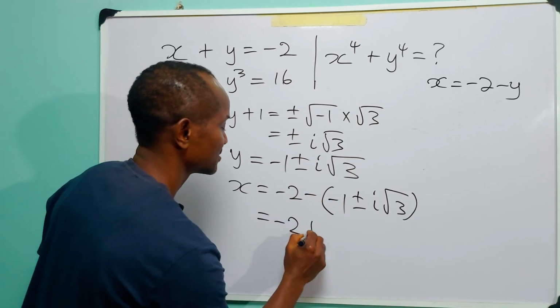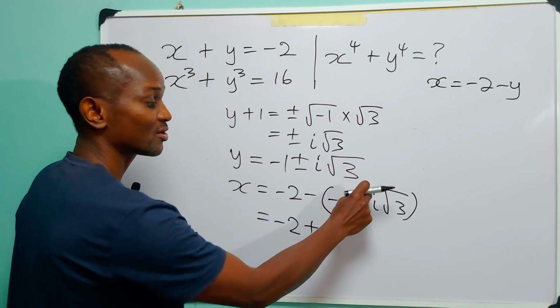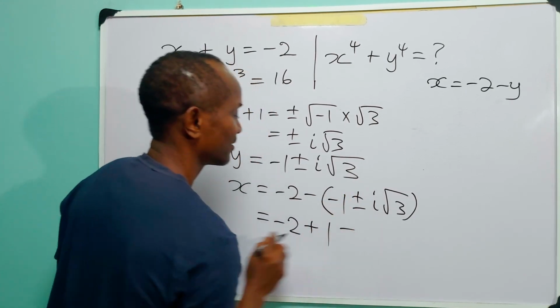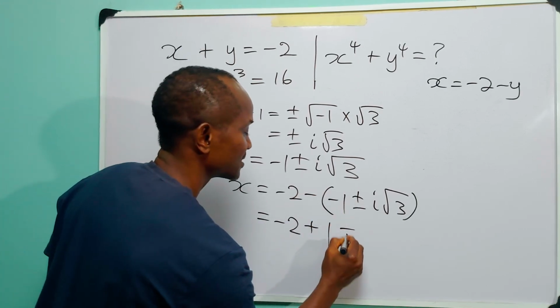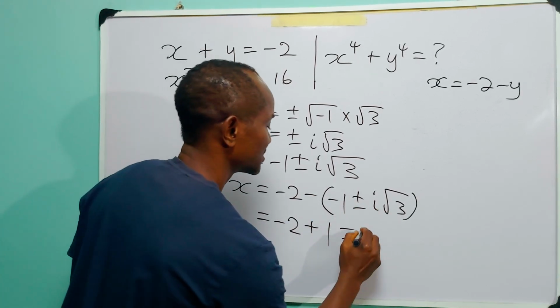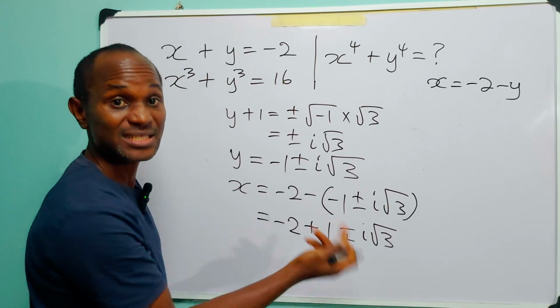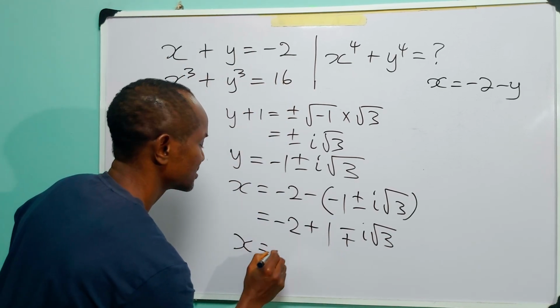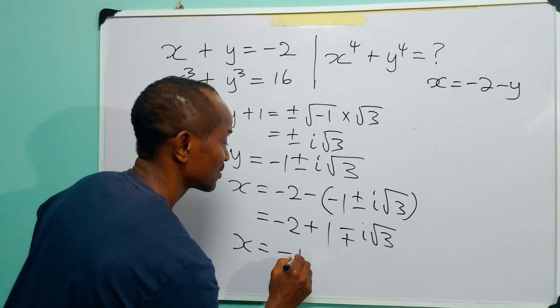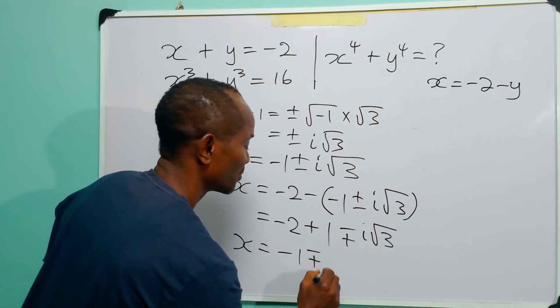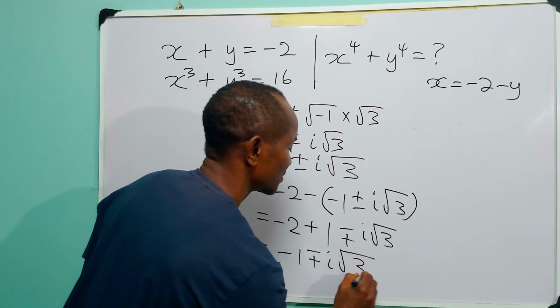Minus minus is plus. Minus plus is minus. Minus minus is plus. And of course, this is i root 3. Minus 2 plus 1 is minus 1. So we have that x is equal to minus 1 minus or plus i root 3.